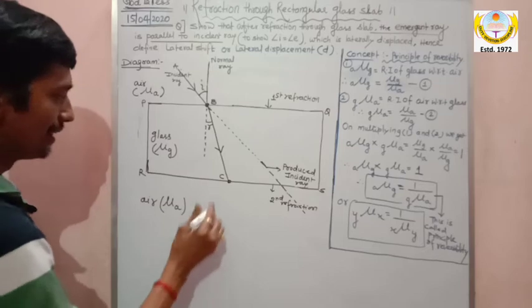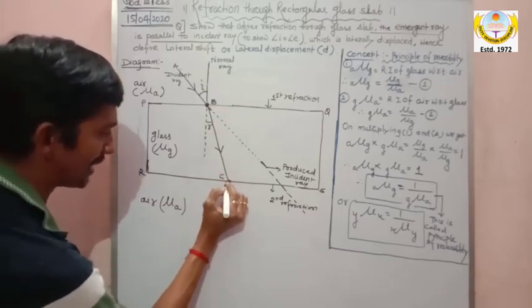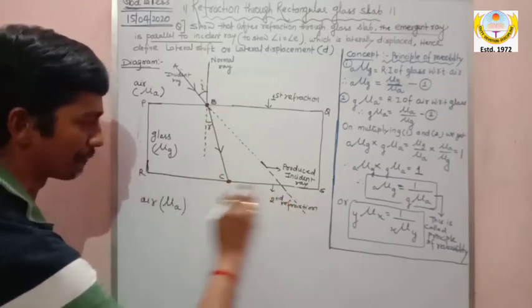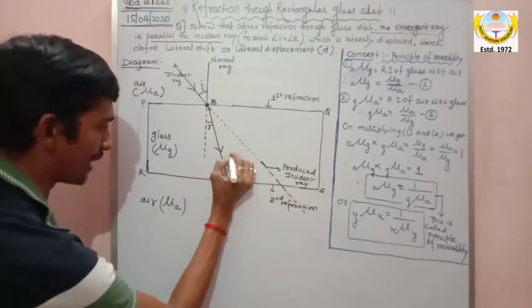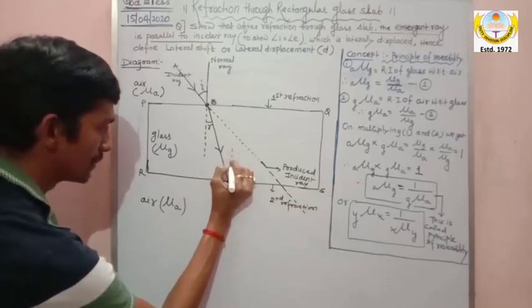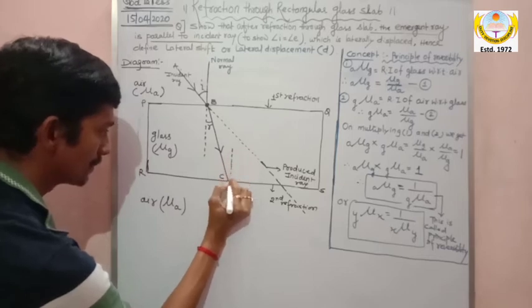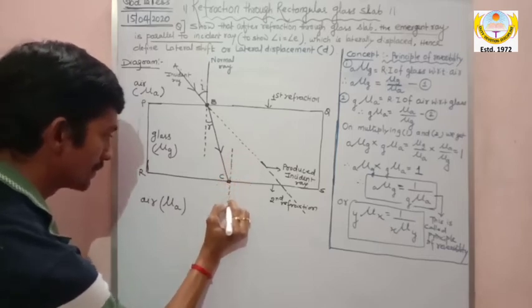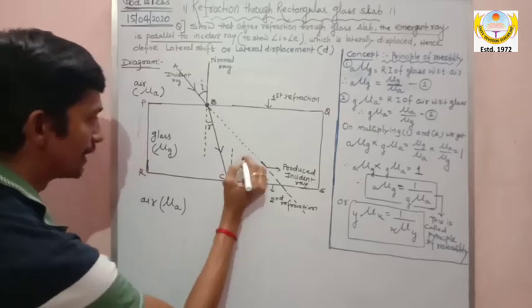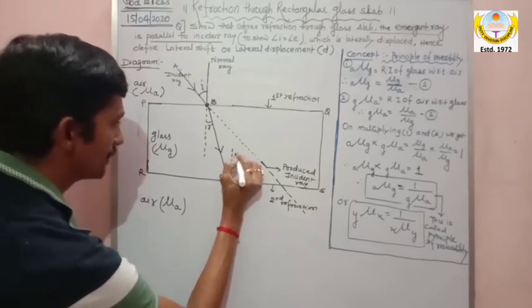Now my dear, this refracted ray is incident on the other surface RS, let us draw the normal here. This is also a normal.